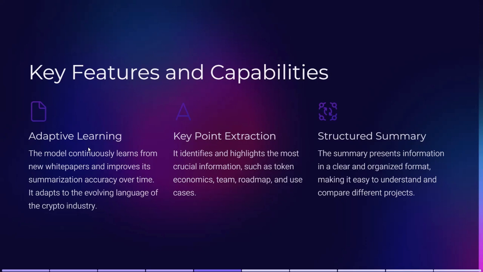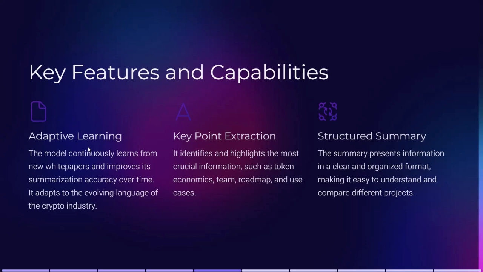As we know, a lot of new projects will keep on coming up. Things are changing so fast right now, right? New products are getting created and invented, so there will be more and more white papers to come. It will continuously learn from all these new white papers in order to improve its accuracy.